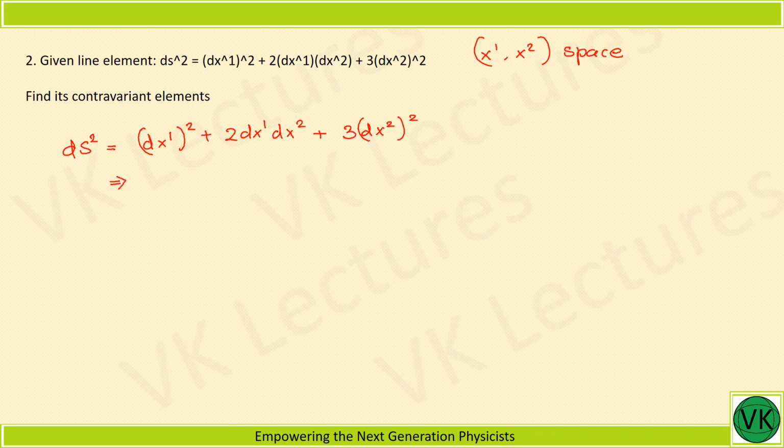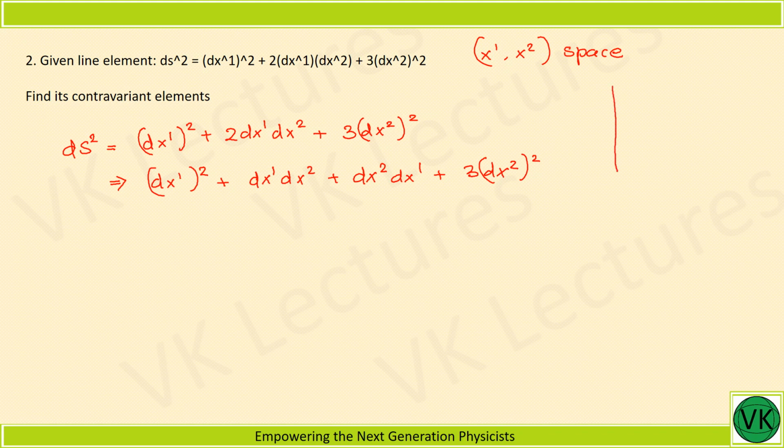We are just rearranging this one: dx1 squared plus dx1 dx2 plus dx2 dx1 plus 3 dx2 squared.